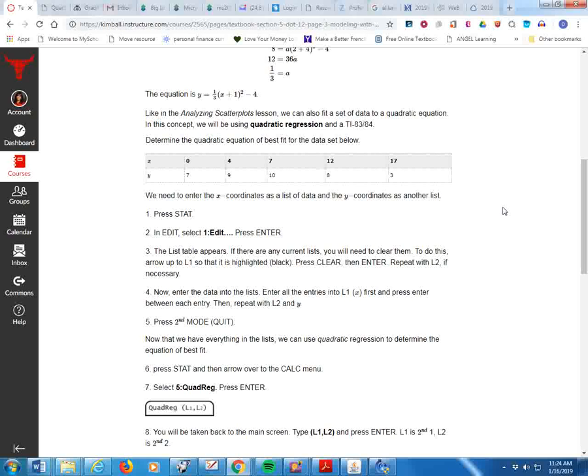Stat, edit. Okay, so L1, L2. Now go second mode. Stat, Calc, go down to Quad. Enter, go down, Enter, and then calculate. L1 and L2. Edit.